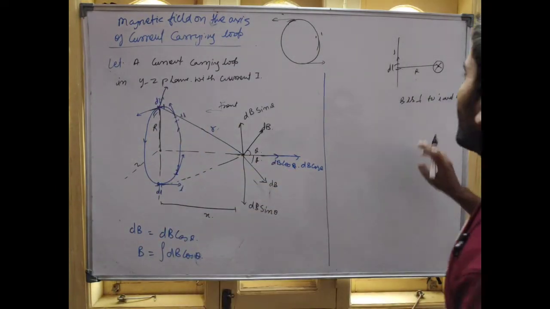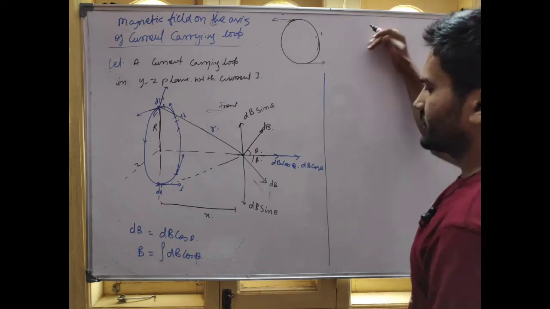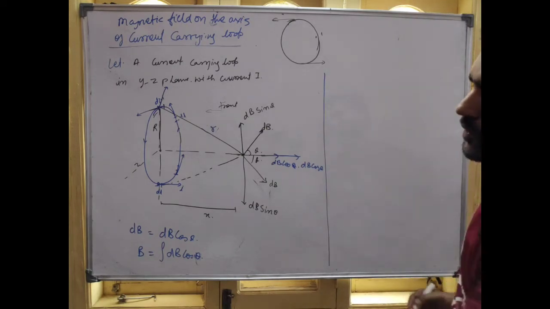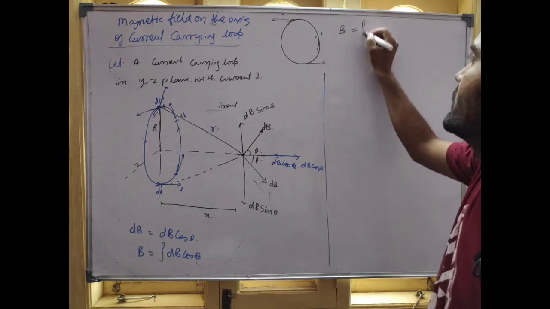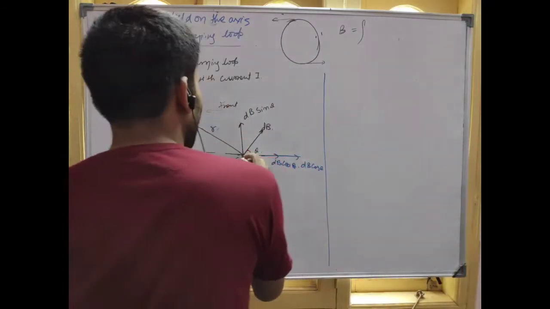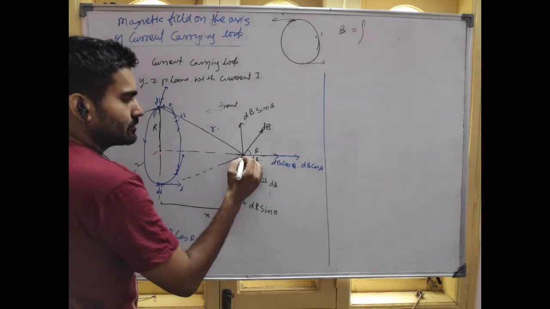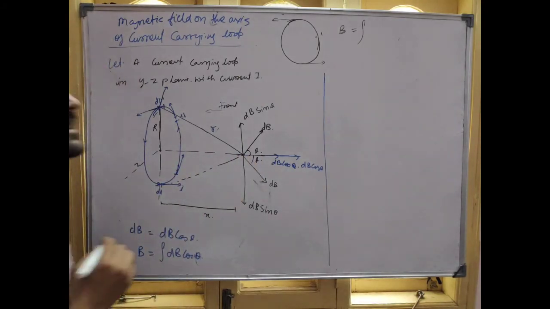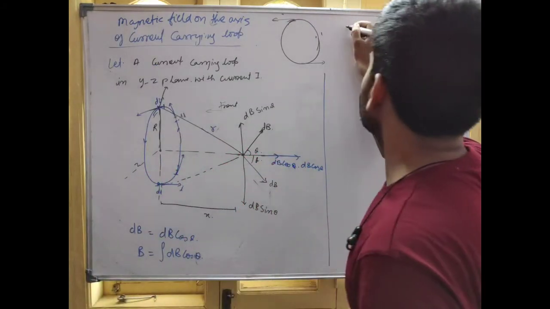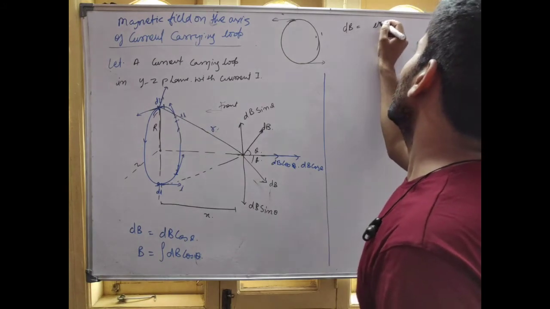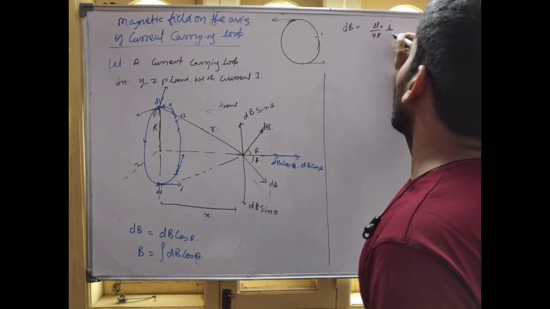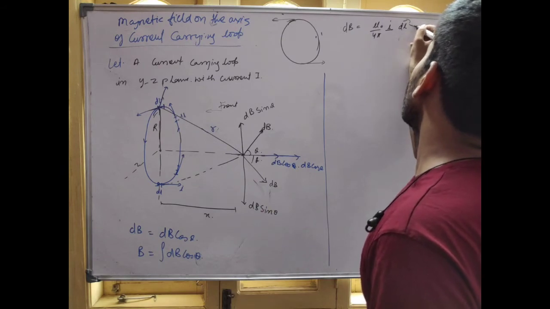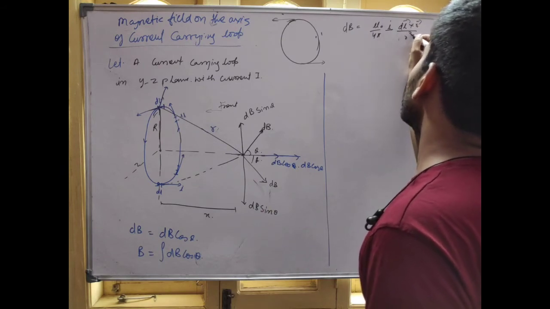Now, what is the magnetic field value, guys? Small dB at this point. What is the formula? dB is mu naught by 4 pi I into dl cross R by R cube.